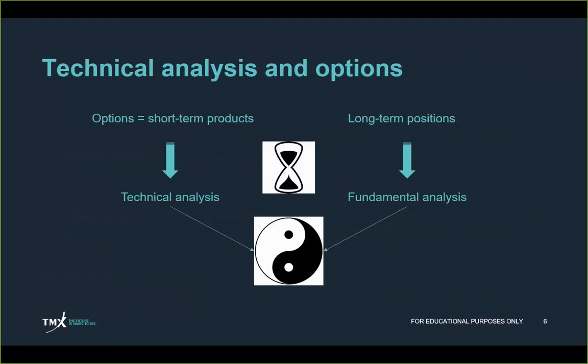Technical analysis tends to lend itself very well to option trading, because we can look at the short-term observations within the price chart, and we can use that to help us determine a time frame for a strategy, or even what type of option strategy might be the most appropriate to utilize.